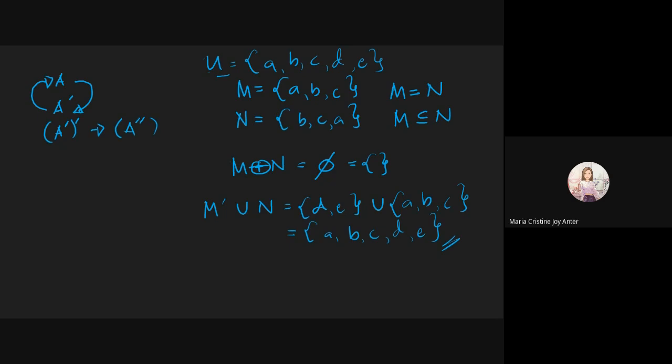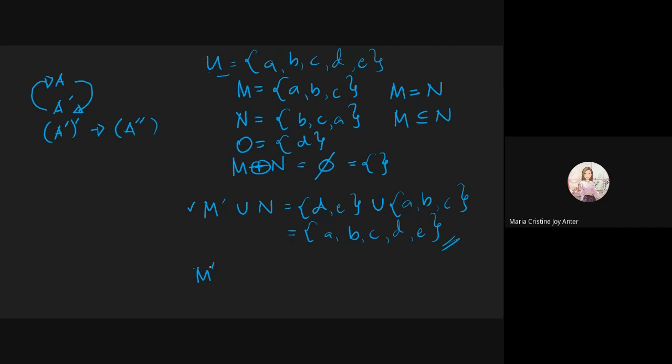Depende kung unsa ang naa sa element sa imuhang set. In this case, sa atong example, pareha ang element sa ato ang set M ug N. Pero kung example, dili pareha, example, magbutang tag set O. Ang naa sa atong set O kay letter D lang na element niya. Unya, example, kung i-apply nato ning concept gihapon, pero O lang atong gamiton.